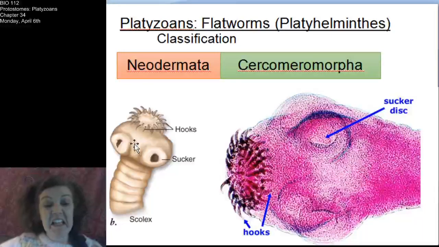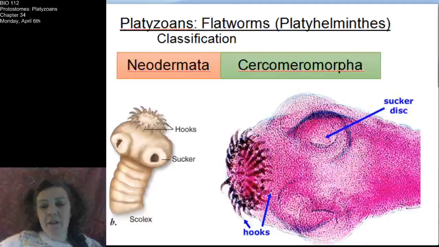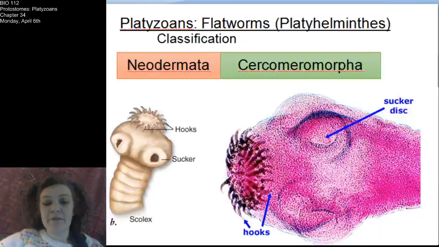Here it is on a slide. So you would look at slides, and here you have the sucker and the hooks. And this is how it attaches to the host's intestinal wall. Okay, that's what happens.